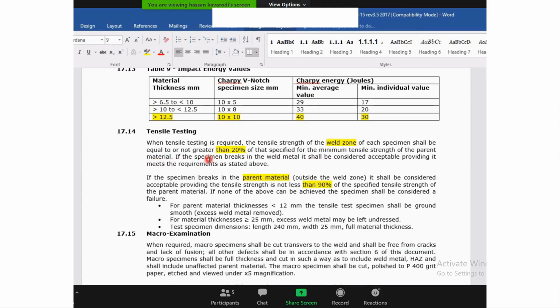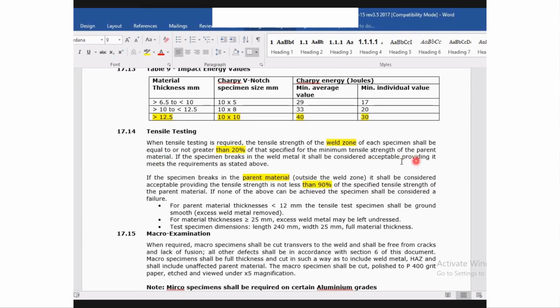If the specimen breaks in the weld metal, it should be considered acceptable provided it meets the requirement as stated above. If the specimen breaks in parent metal outside the weld zone, it shall be considered acceptable provided tensile strength is not less than 90% of the minimum. On top here is the maximum. So we do some calculations from here.